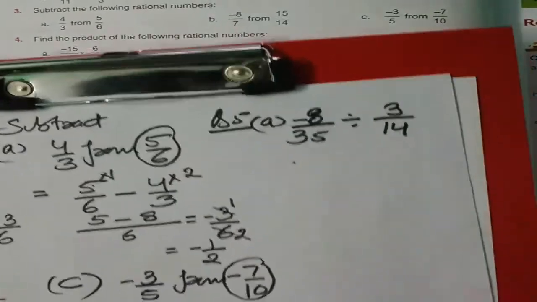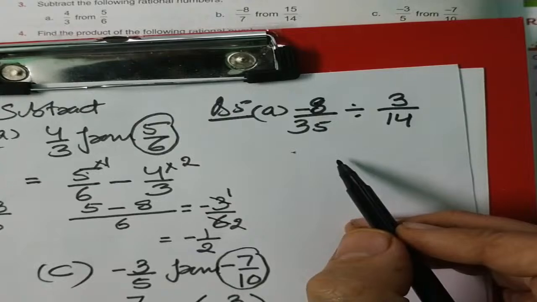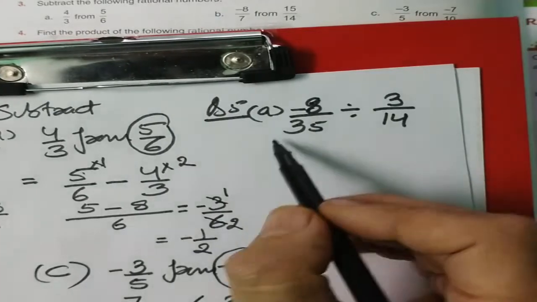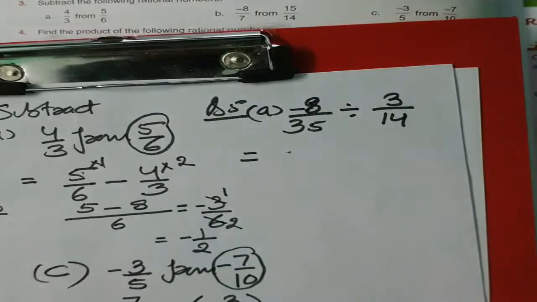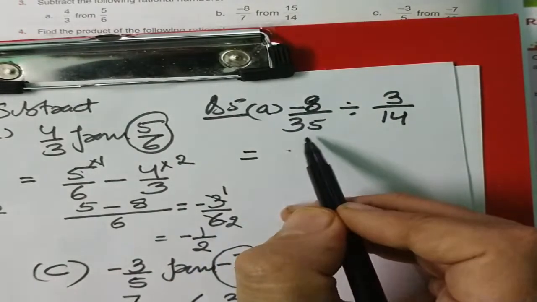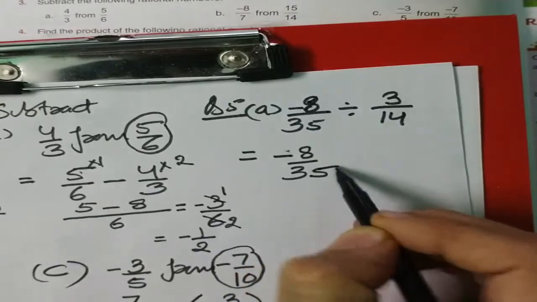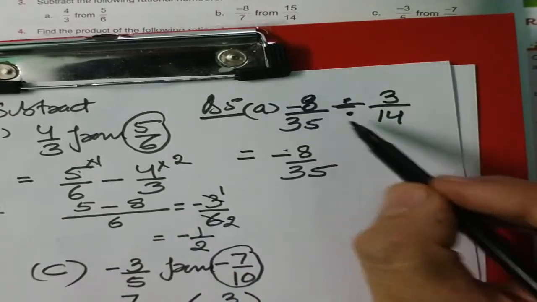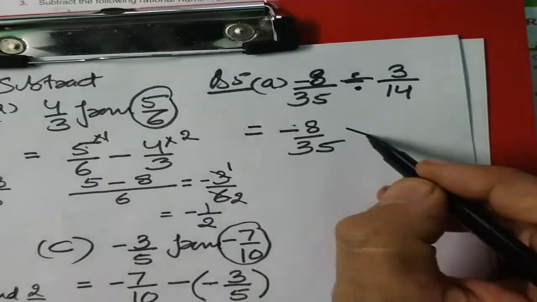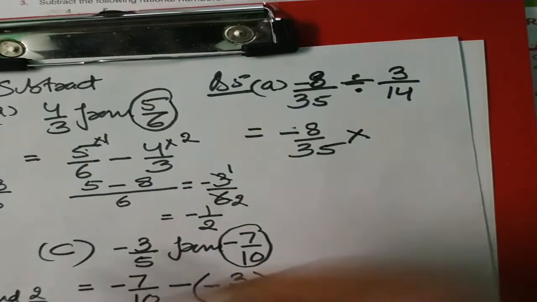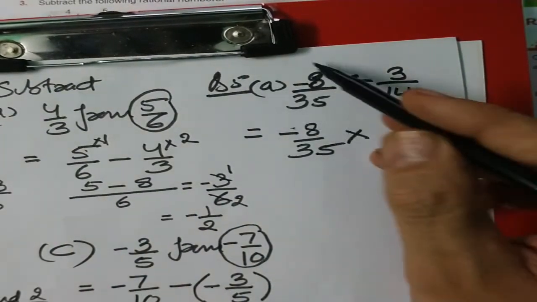Now when the question is of division, the division sign will be removed and it will become a product sign. So minus 8 upon 35 will remain minus 8 upon 35. The division sign is removed and it will become into. This is a simple rule. The first number remains as it is.